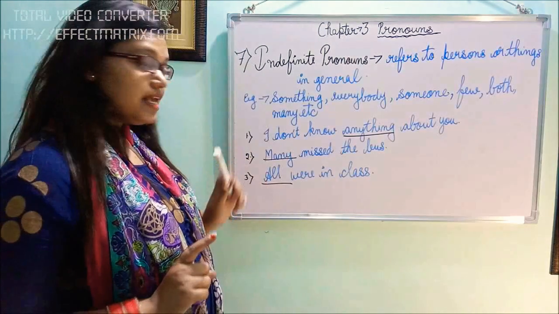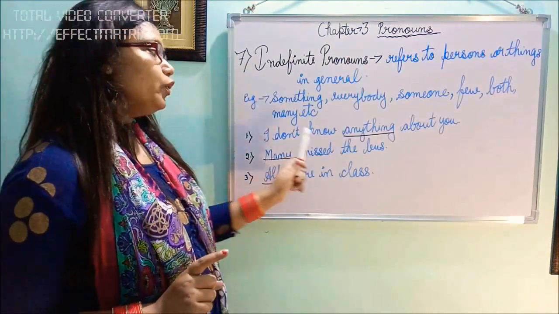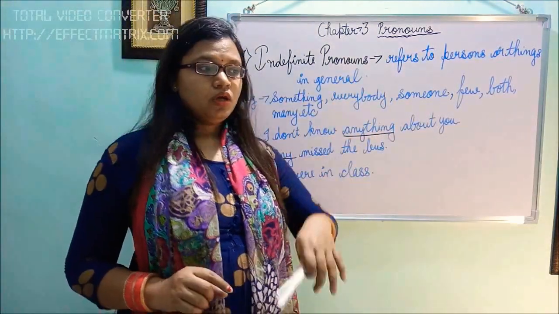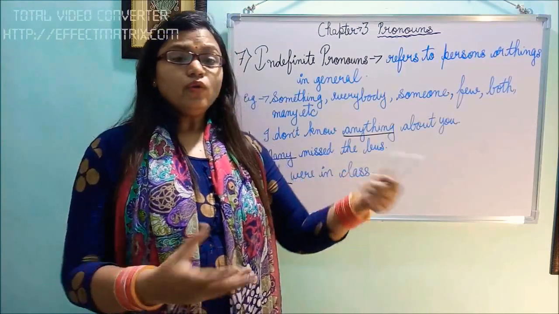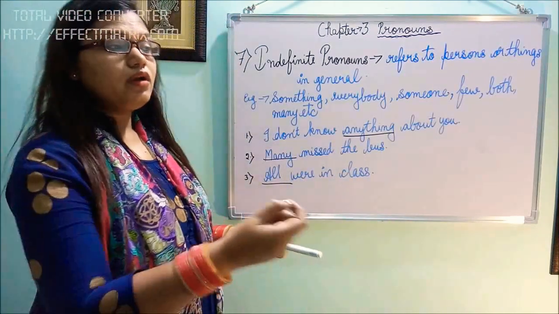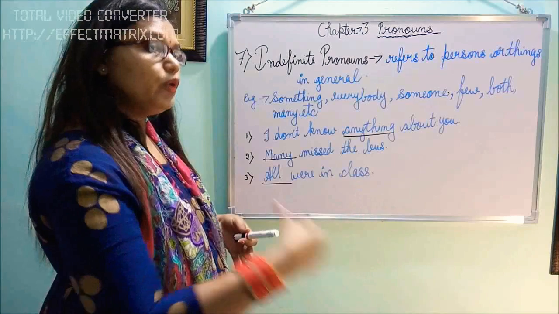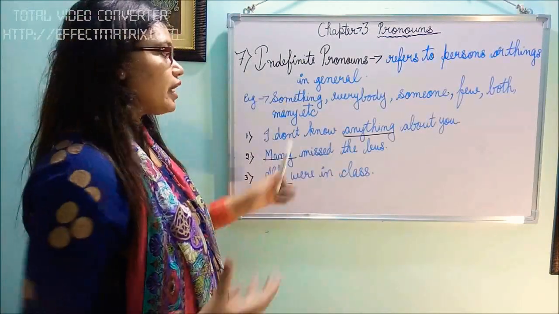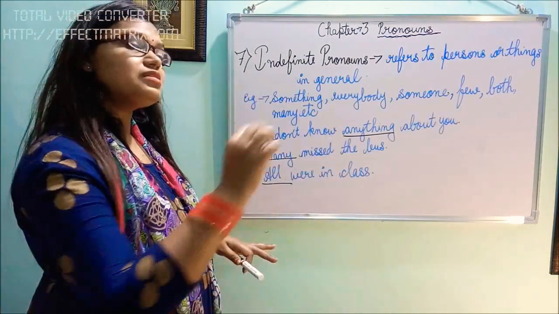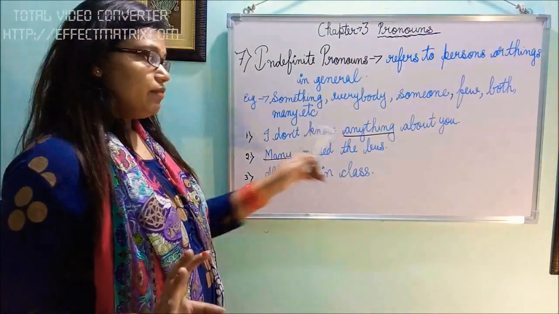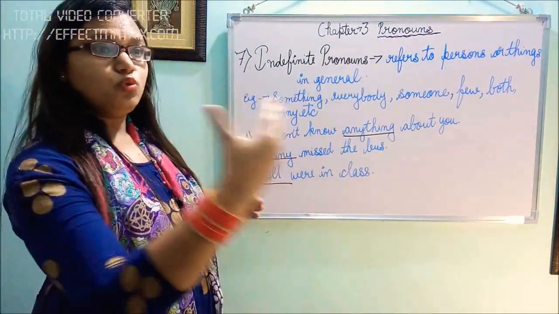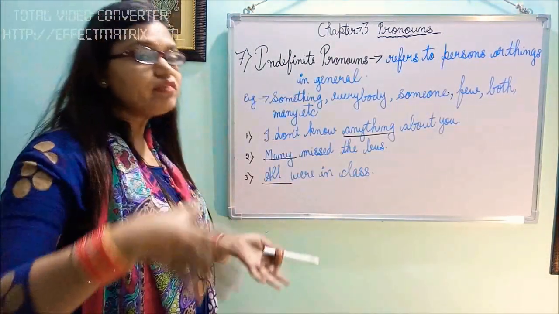Understand? Now see examples here. I don't know anything about you. Now about you, I don't know anything means not even a single thing. I can't say that I know one thing or two things. I will just simply say I don't know anything. So anything includes maybe two things, four things, five things.